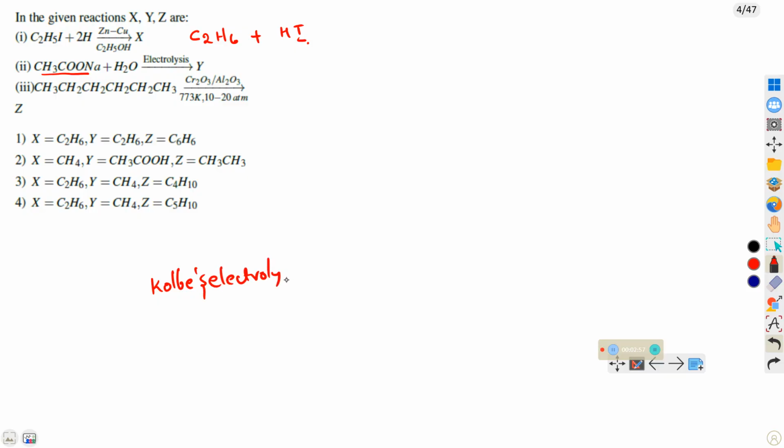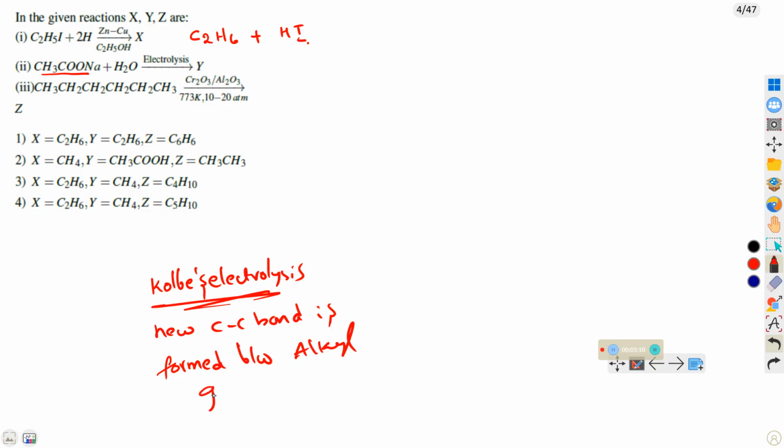A new C-C bond is formed between alkyl group carbons. Here the alkyl group is CH3. So a new C-C bond is formed, CH3 bonded to CH3, C2H6 nothing but.